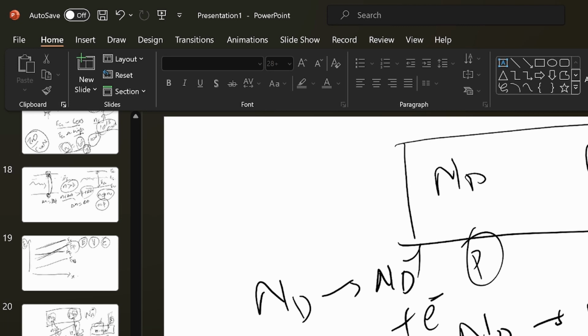Okay, one atom of Nd changes into Nd plus plus an electron; it will donate the electron.